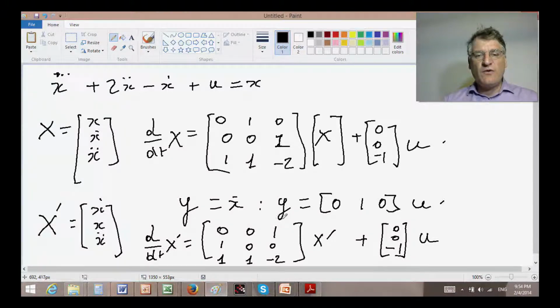Okay, so now when you compare this A prime with that A, you see they are different. However, of course, they talk to each other by means of a permutation of rows and columns, and it is equally well understood that you can use this order or that order of the so-called states.